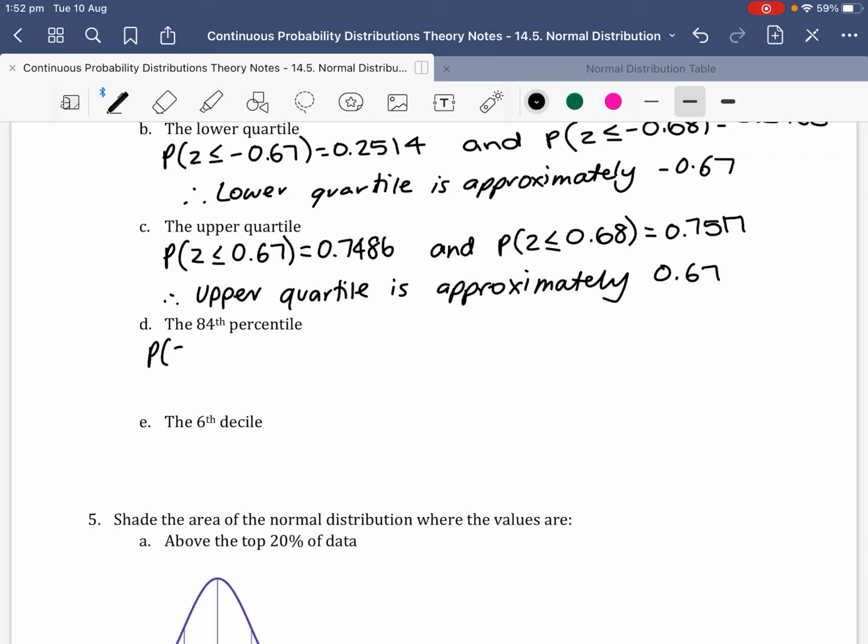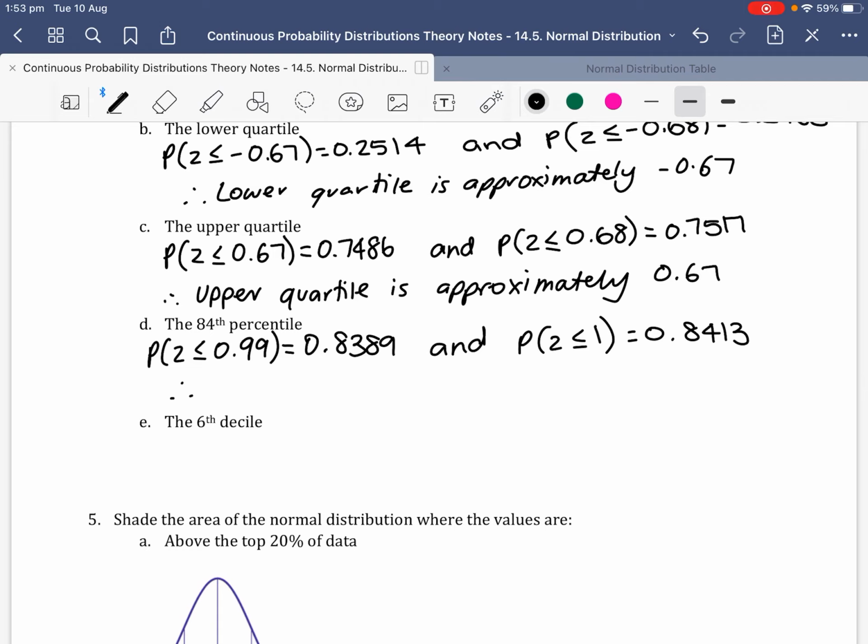So it will be the probability of Z is less than or equal to 0.99 equaled 0.8389. And we had the probability of Z is less than or equal to 1 equaled 0.8413. So we have to work out which one's closer. And for this, the 0.8389 is closer to 0.84.